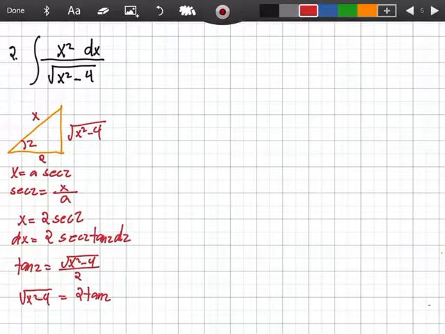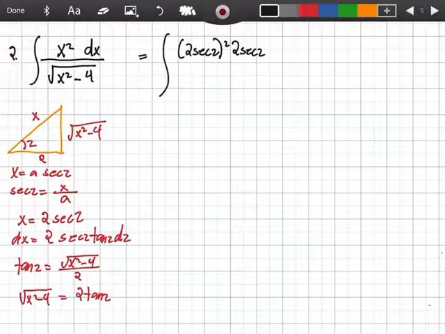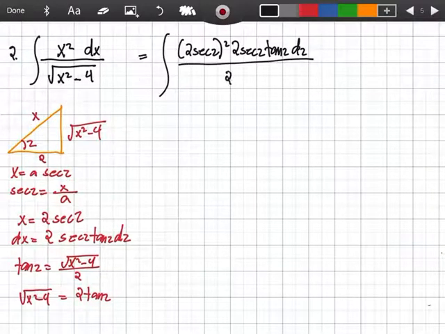Okay, so we are going to solve now. Substitute x. So, 2 secant z squared times dx, which is 2 secant z tan z dz, over 2 tan z. So, the 2 tan z cancel.